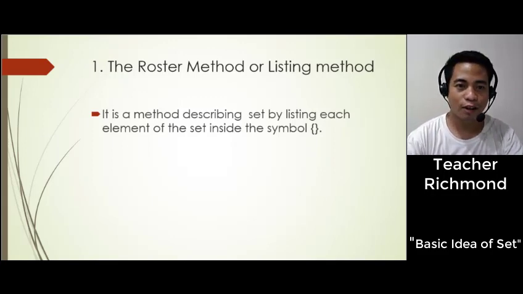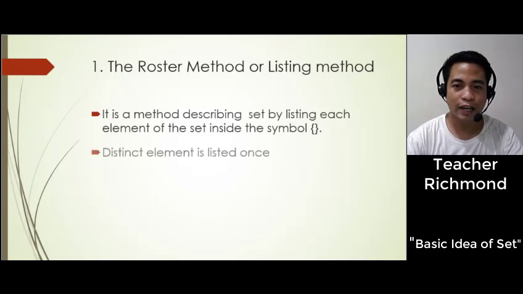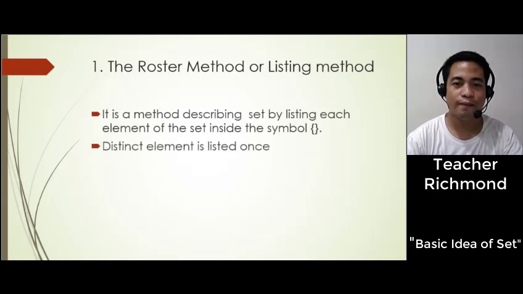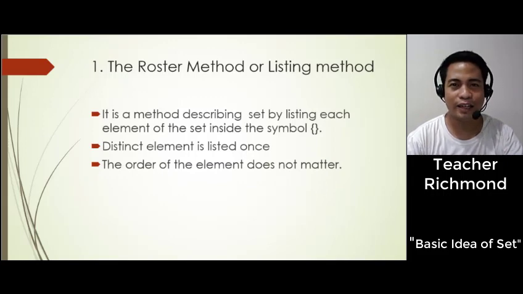Another thing you have to remember in the roster method is that you will just list every distinct element once. We will look at that in the example later. The order of the elements does not matter.